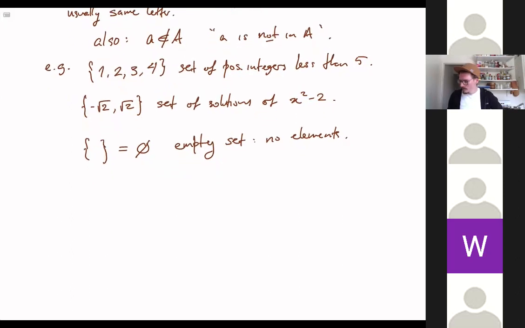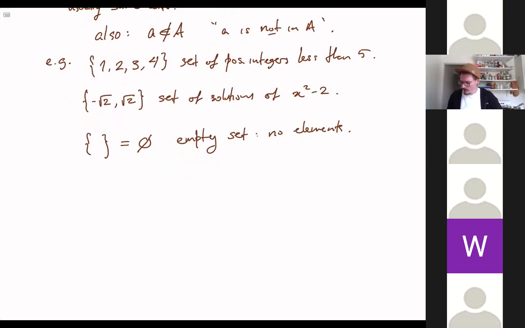And here is some common notation for sets that you will see. Notation for some common sets. Sets of numbers are often written with double struck or blackboard bold letters, or just bold letters. If you look in the textbook, I think they use just regular bold. But if you're writing them down, it's nice to use this double struck because bold letters are hard to write.